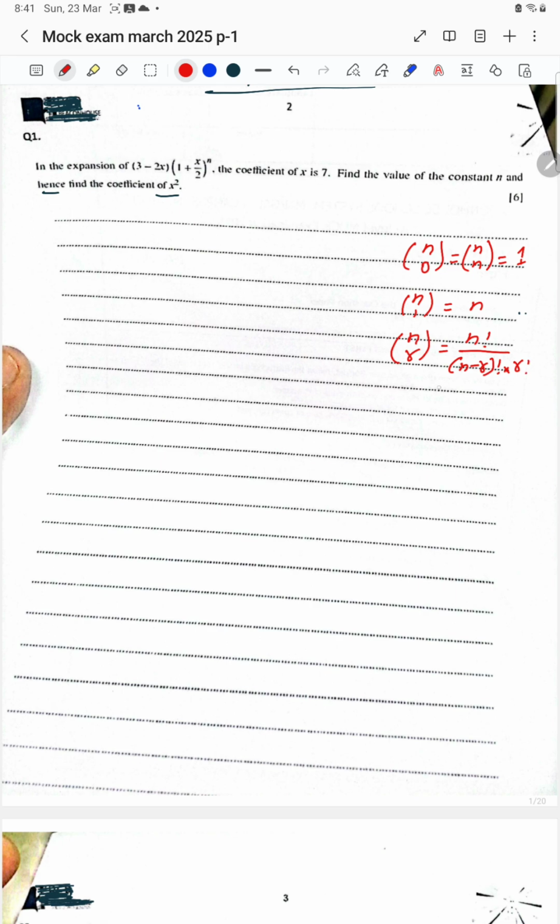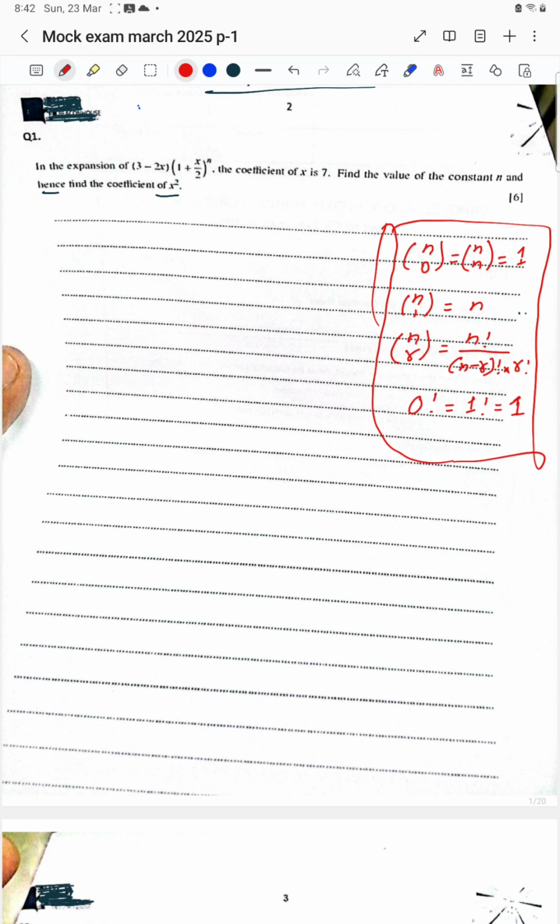And one more thing you need to know: 0 factorial is the same as 1 factorial, and that is 1. The concept of factorial we have already discussed in the previous videos, especially in the statistics videos, and in the class as well.